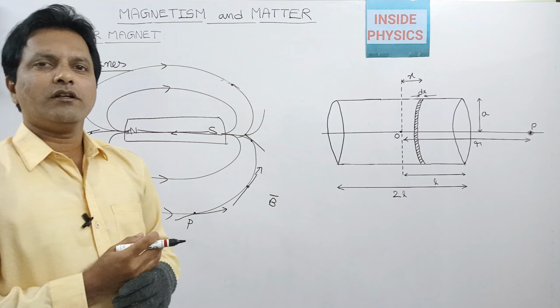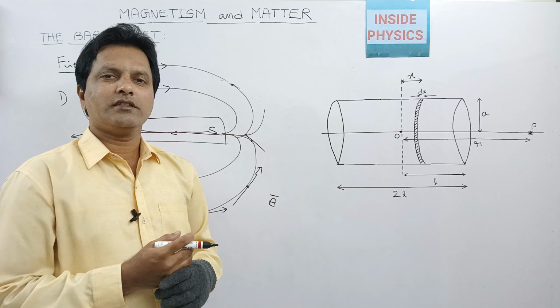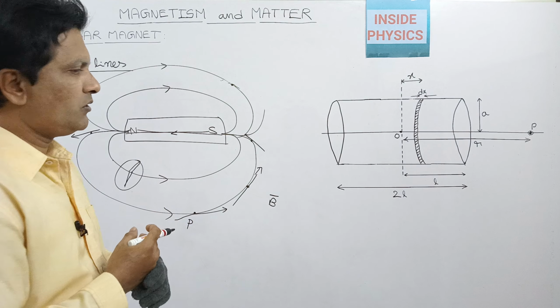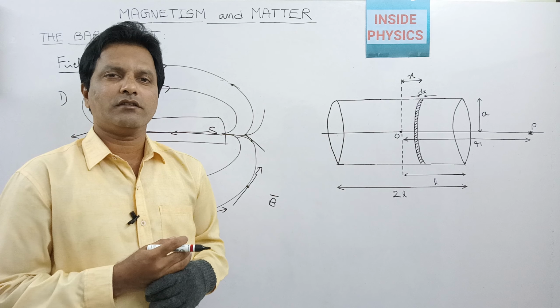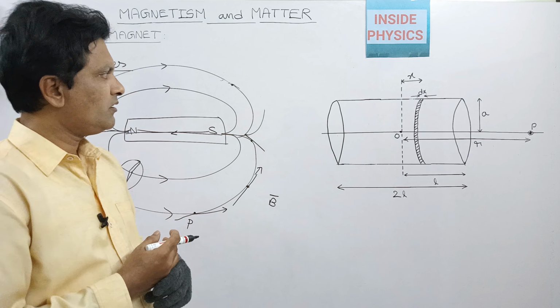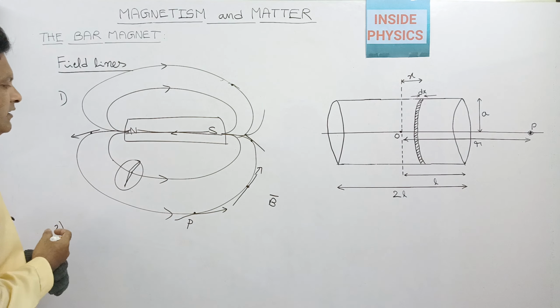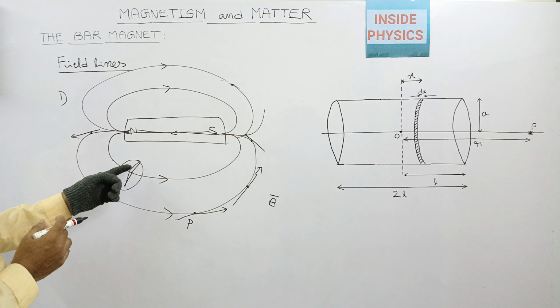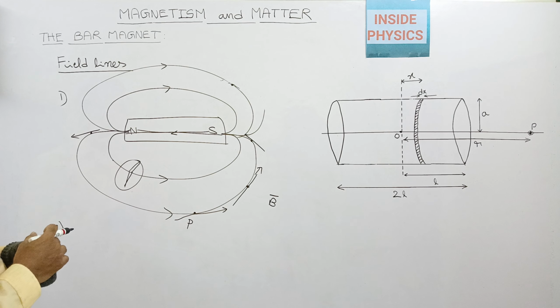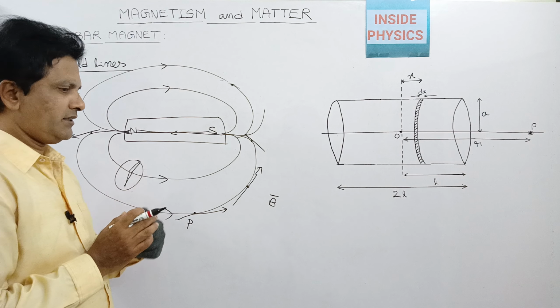Generally, the north pole of a compass needle is directed towards the geographic north of the earth, but near the bar magnet, the north pole of the compass needle will be directed towards the south pole of the bar magnet.